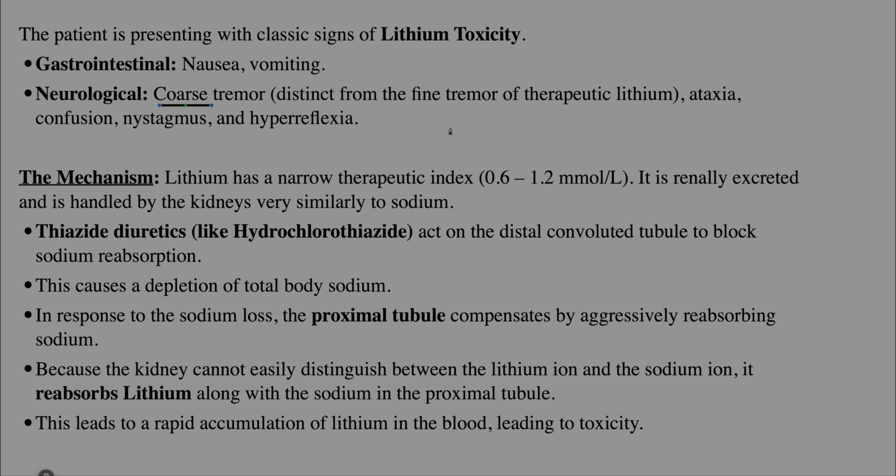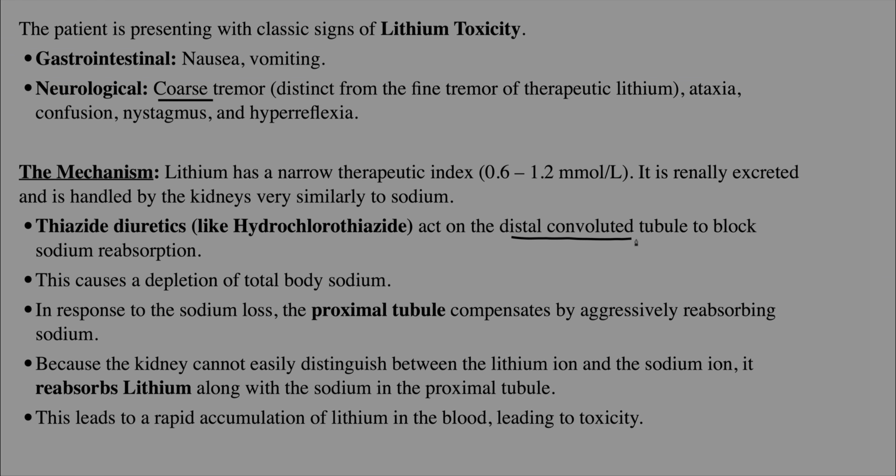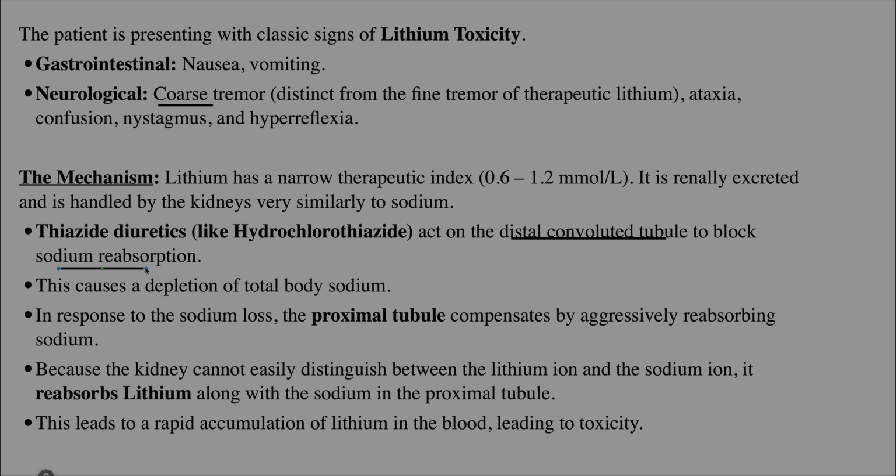Thiazide diuretics like hydrochlorothiazide act on the distal convoluted tubule to block sodium reabsorption. This makes the body panic because it's losing salt. So hydrochlorothiazide causes hyponatremia. Okay, so now what will the body do? The body tries to compensate upstream at the proximal convoluted tubule.